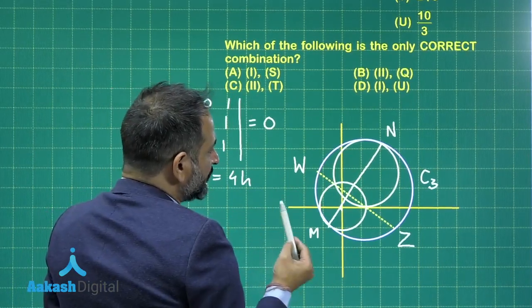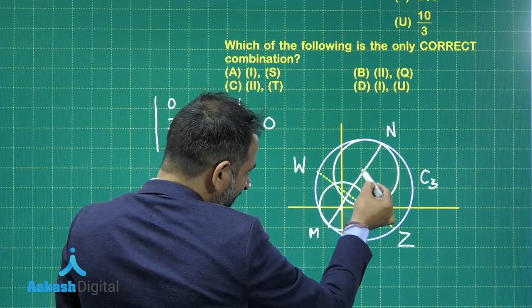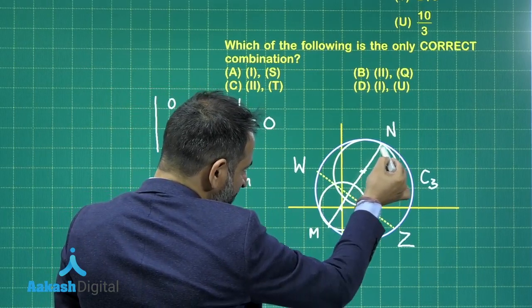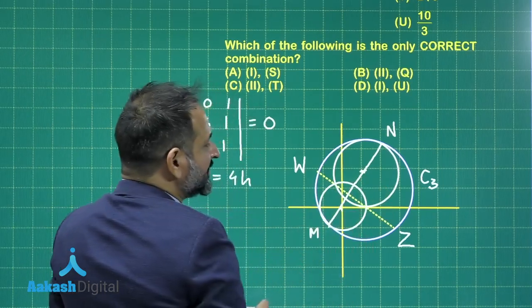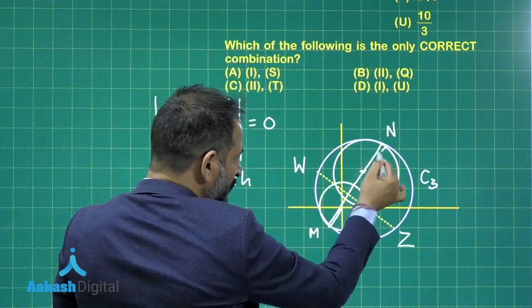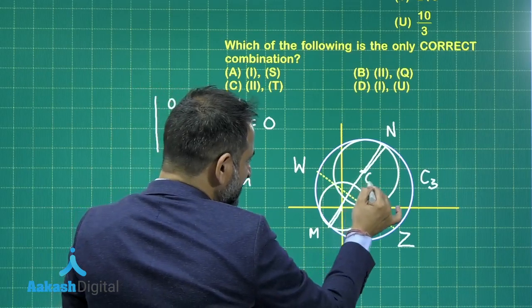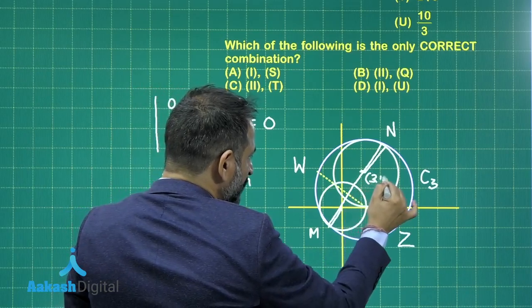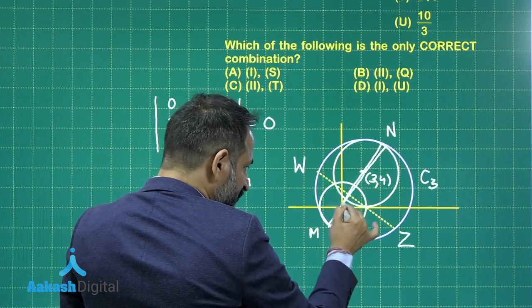This is having radius 4 and this is having radius 3. So this is 3 and this is 4, and also you can check that this center is 3, 4, so the distance will be equal to 5.